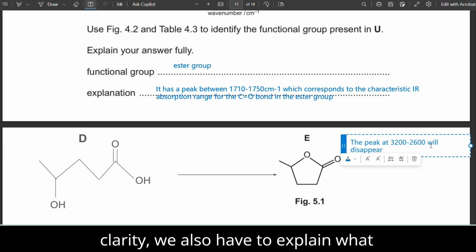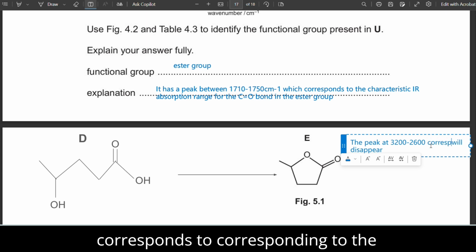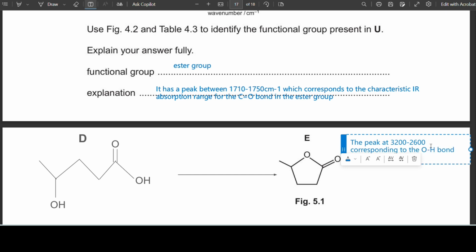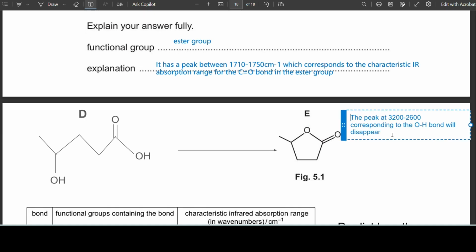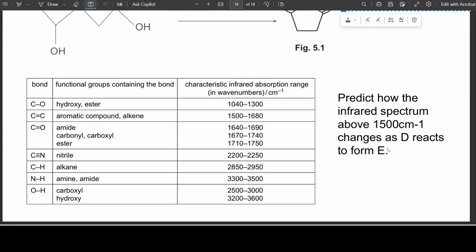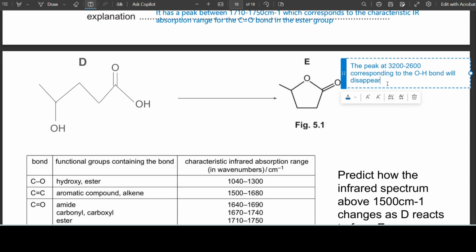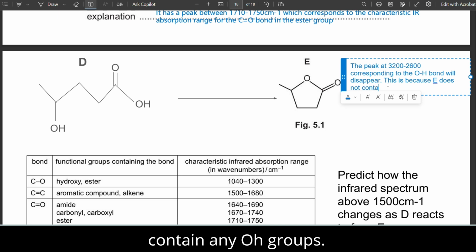Just for clarity, we also have to explain what it corresponds to, corresponding to the OH bond, which will disappear. This is because it does not contain any OH groups.